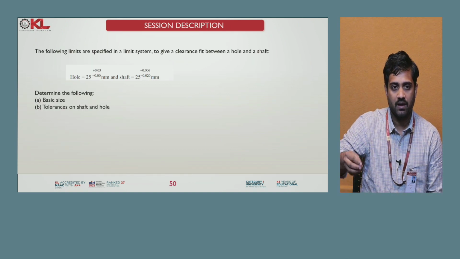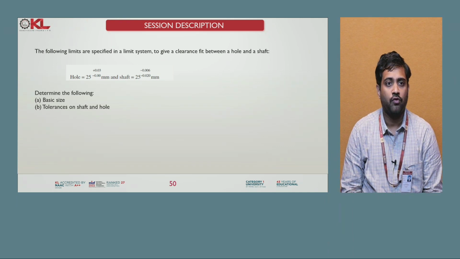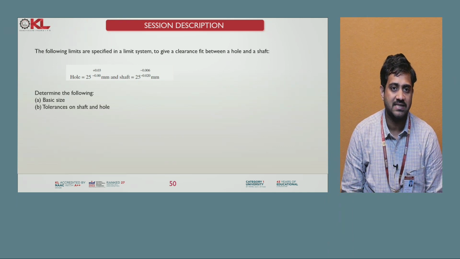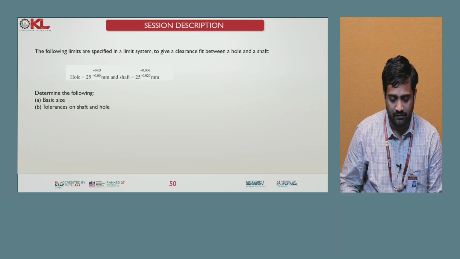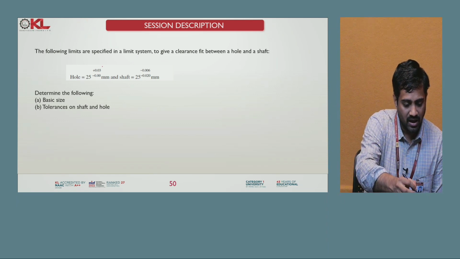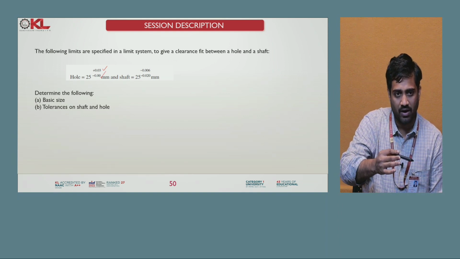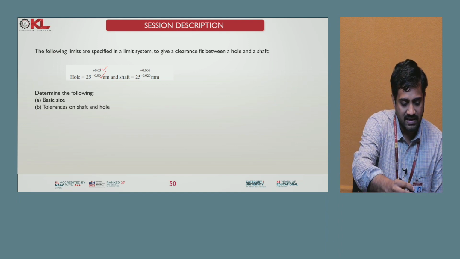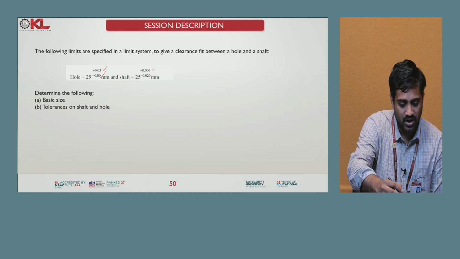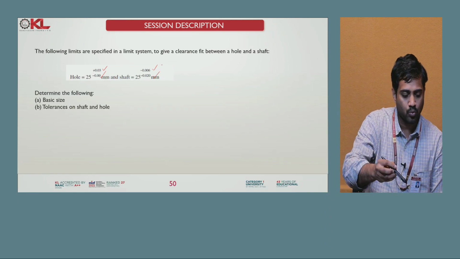Next, let me do one problem on this to understand more. The following limits are specified in a limit system to give a clearance fit between a hole and shaft. For the hole, you see 20 plus 0.03 minus 0.00 mm. These are the tolerances given for a hole on either side, and for the shaft it's minus 0.006 and minus 0.020.